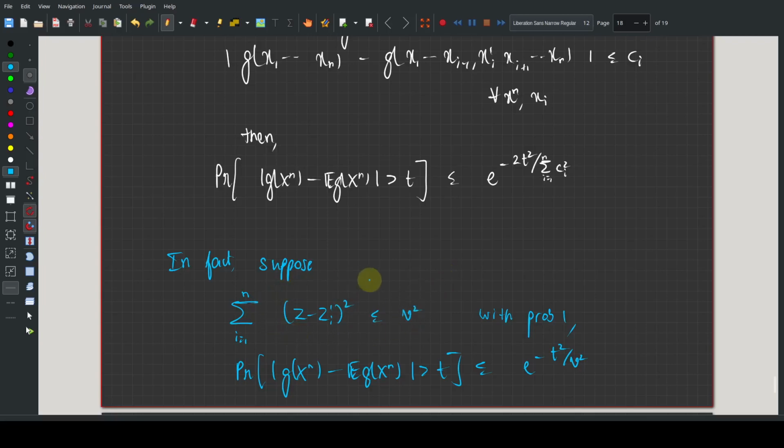But this would give me a much larger bound on z minus zi prime. For example, this could be linear in n. If I try to derive a bound on an individual z minus zi prime, I would still end up with a bound that is linear in n, and that would not be particularly helpful.